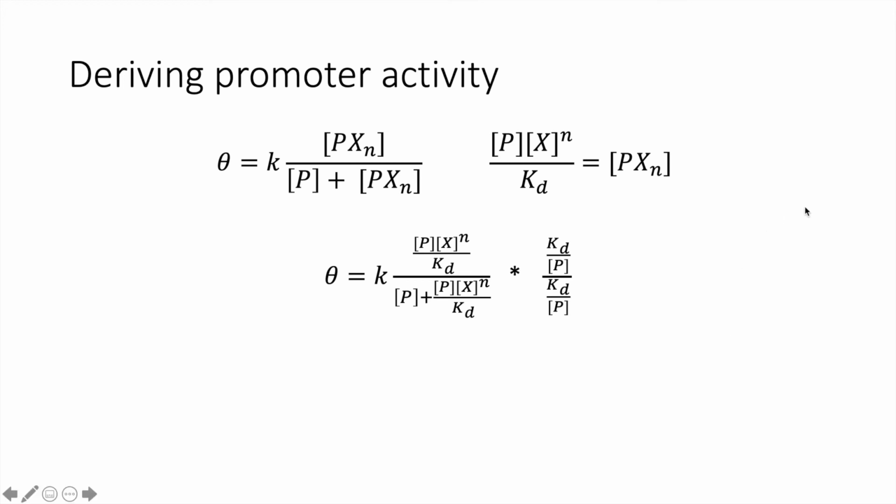So note how I just plugged this in here. So then you get this complicated equation here. But if you multiply it by Kd over P over Kd over P, then you will note that many terms cancel out and you get a much more simplified expression like this.